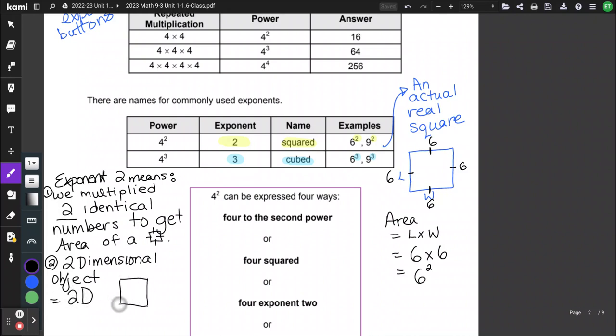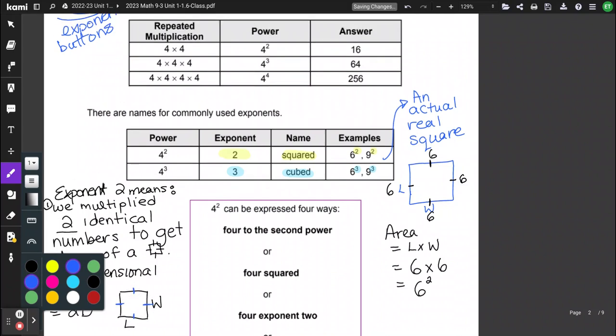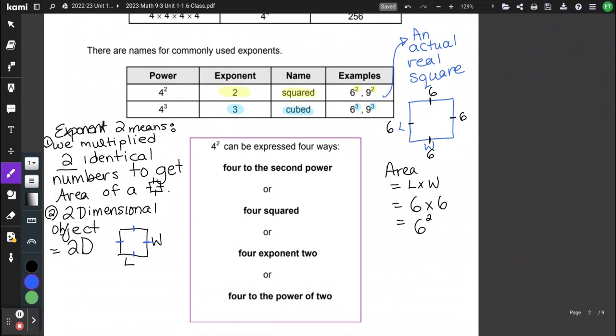So 2 dimensions would be length and width, but in this case, they're the same size. Okay, so our length and widths are the same size. So often you might see area written as side squared. So you could often see area be written this way, S squared. And S means side times side. That's what that means. Okay.